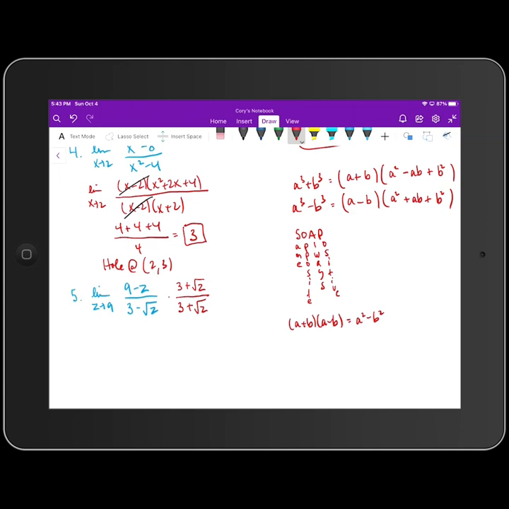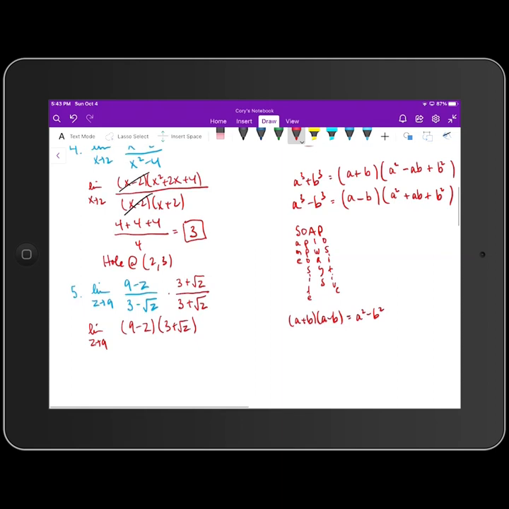Okay, so when I look at multiplying across in the numerator and in the denominator, I'm going to keep that numerator in factored form. The reason is I want to cancel that with a factor in my denominator.